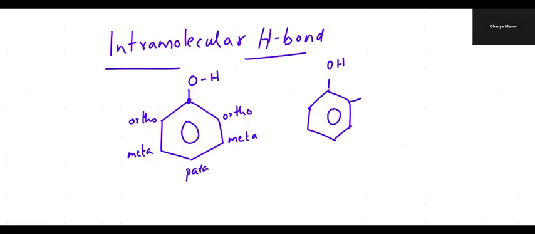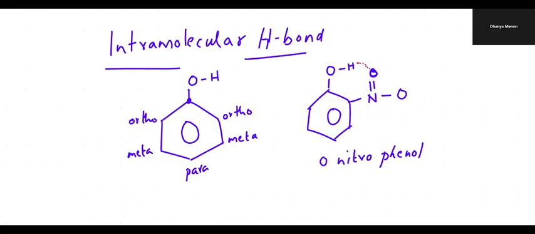Now, if I take ortho nitrophenol. This is ortho nitrophenol. There can be a hydrogen bond formation between, this is O and this is H. There can be a hydrogen bond formation between this H and this O, and it is happening within the molecule.